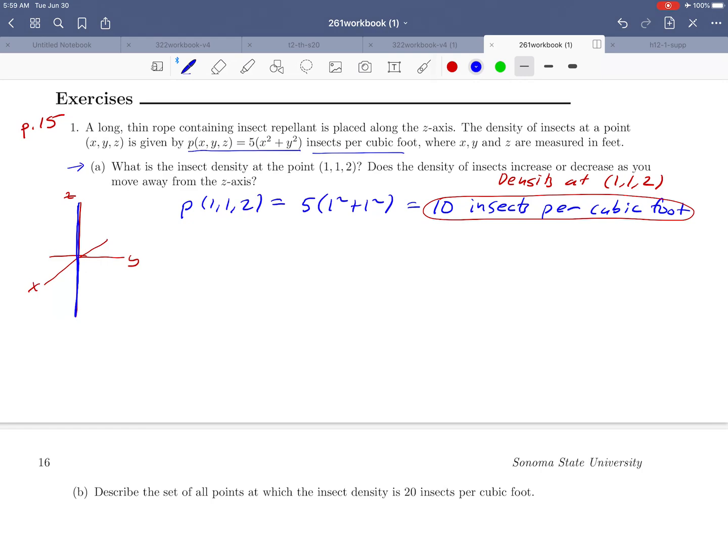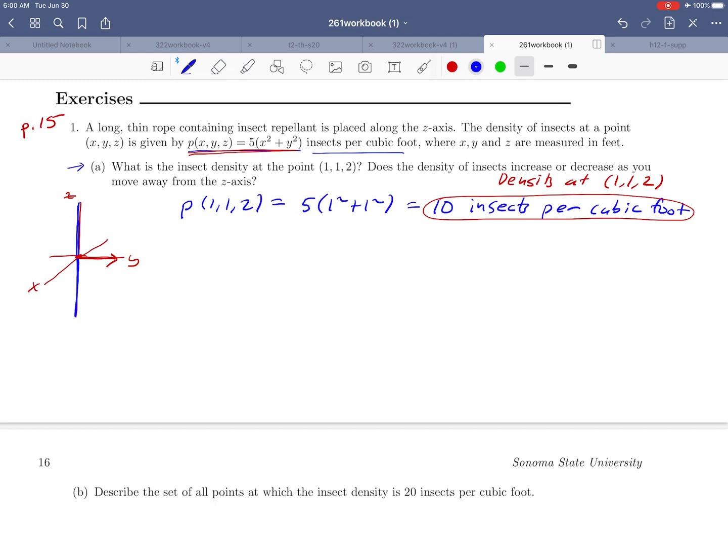If we go over to our picture, and imagine that we're right on the z-axis somewhere and we go away from it, notice that going away from the z-axis is going to make x or y get bigger. And so the question we're trying to ask is, what's going to happen to this function as x and y get bigger? Well, we can see that we're going to get larger values.